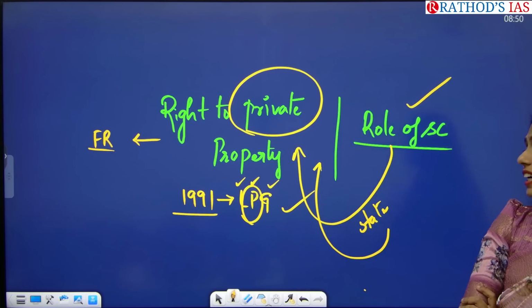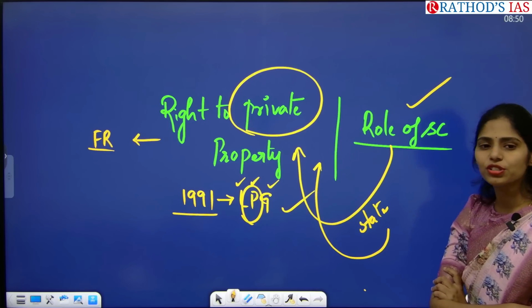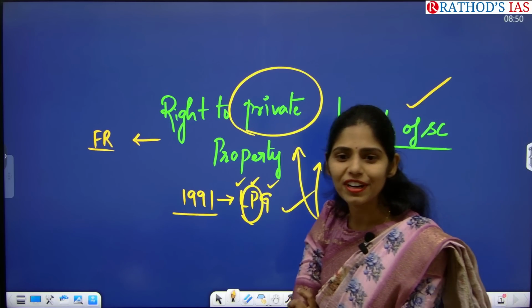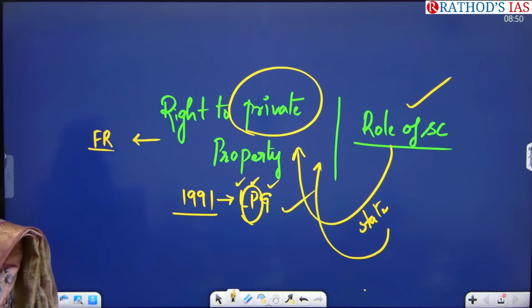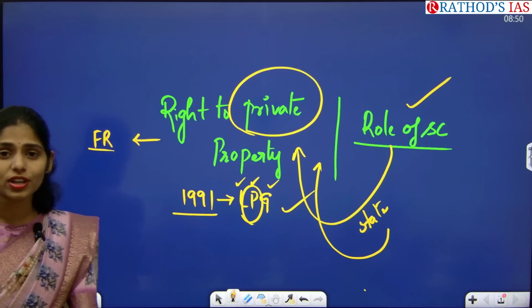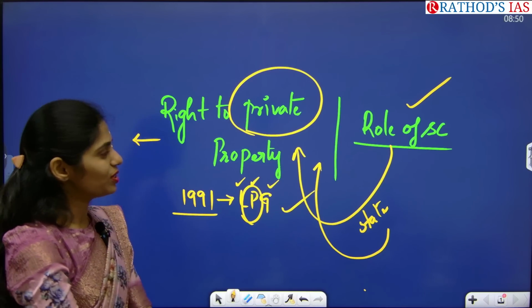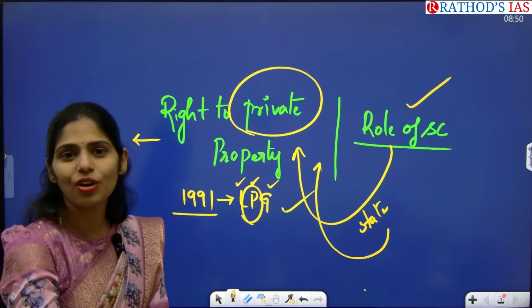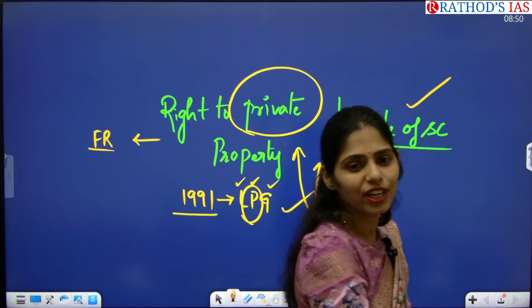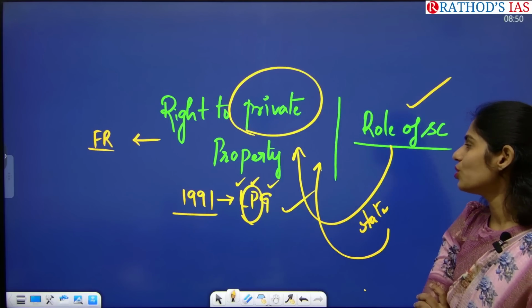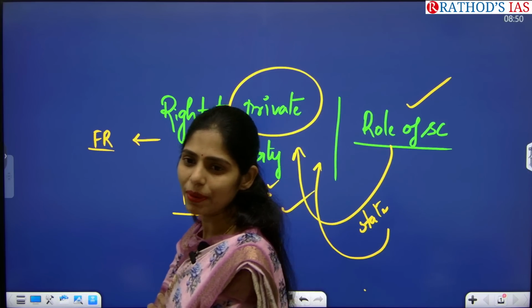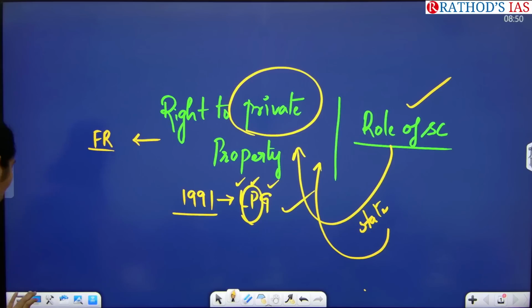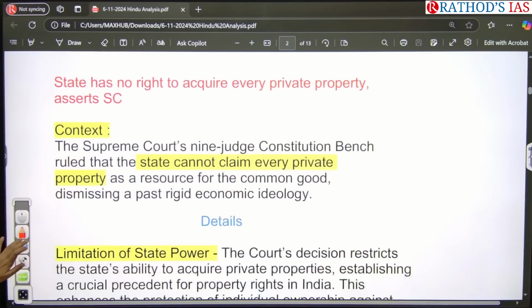So whenever you are writing any answer regarding the role of Supreme Court in ensuring cooperative federalism, where there are increased rights for states, you can write those two examples which are recently in the news. And to write a balanced counter regarding that, you can write this case also, where the Supreme Court is limiting state power in acquiring private property. Clear?